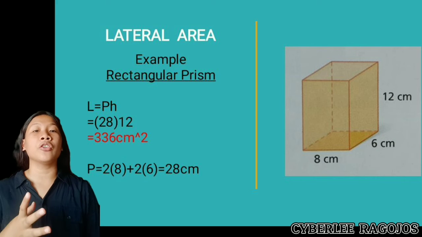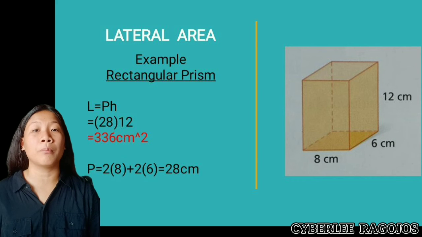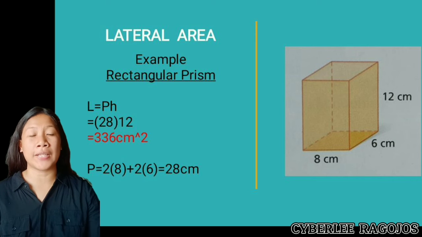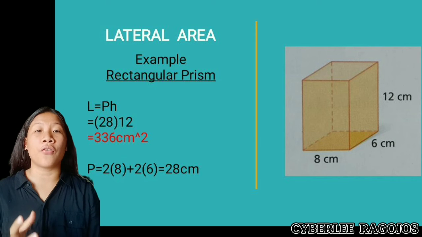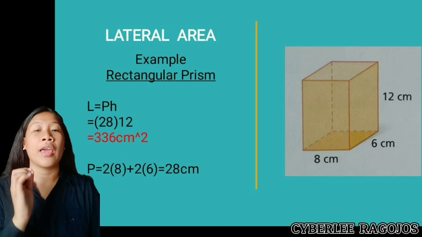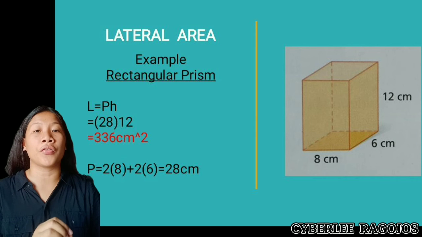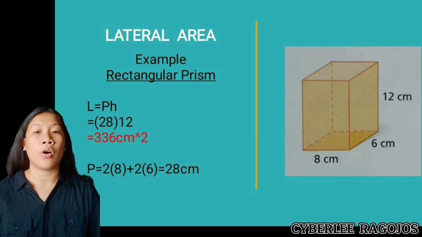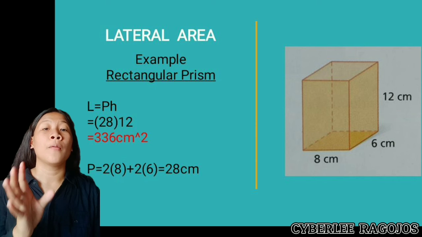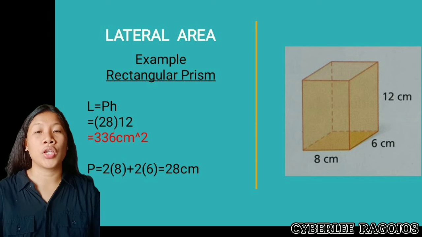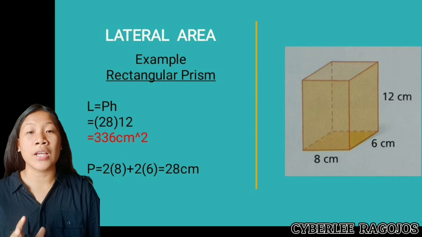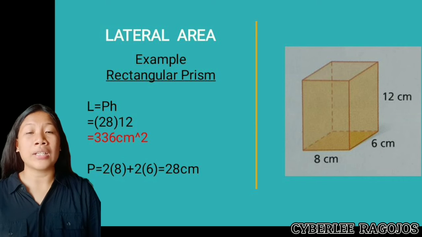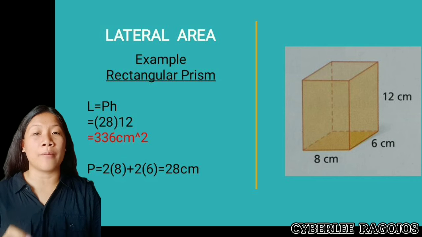So, let's have an example for you to understand and know how to compute the lateral area. So, meron tayong shape dito wherein merong mga measures which is rectangular prism. And we need to use the formula which is lateral area is equal to perimeter of the base multiplied by the height of the prism, or L is equal to P multiplied by H. So, yung nakuha natin is 28 multiplied by 12 equals 336 cm squared.